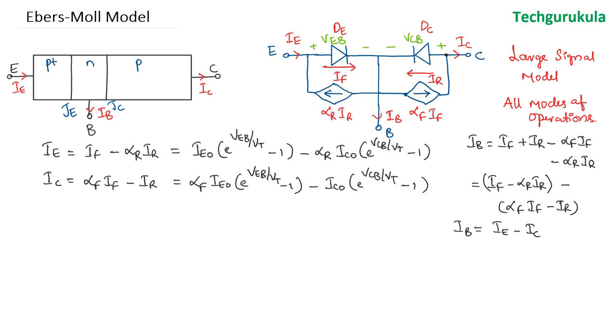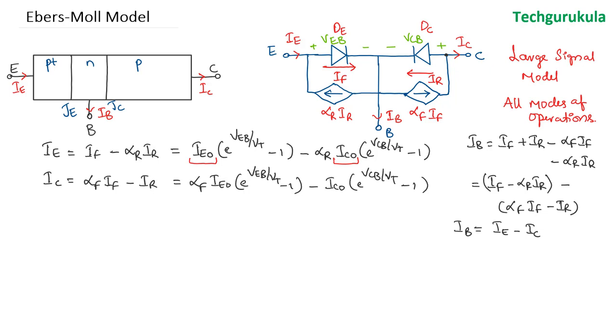Now, IE naught here is the leakage current through the emitter junction, and IC naught is the leakage current through the collector junction. Now, to understand what these terms are equal to in terms of the device parameters, let's try to find out what is IE and IC in active region of operation, because we have derived these very equations in the previous video.